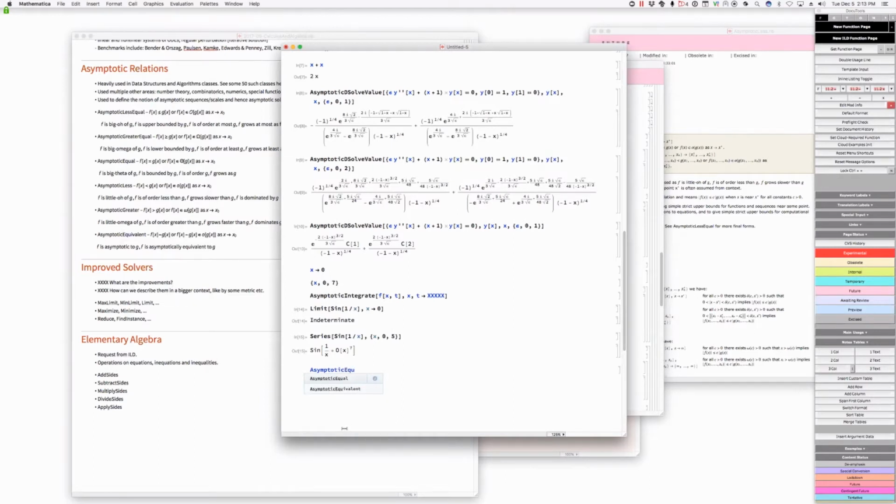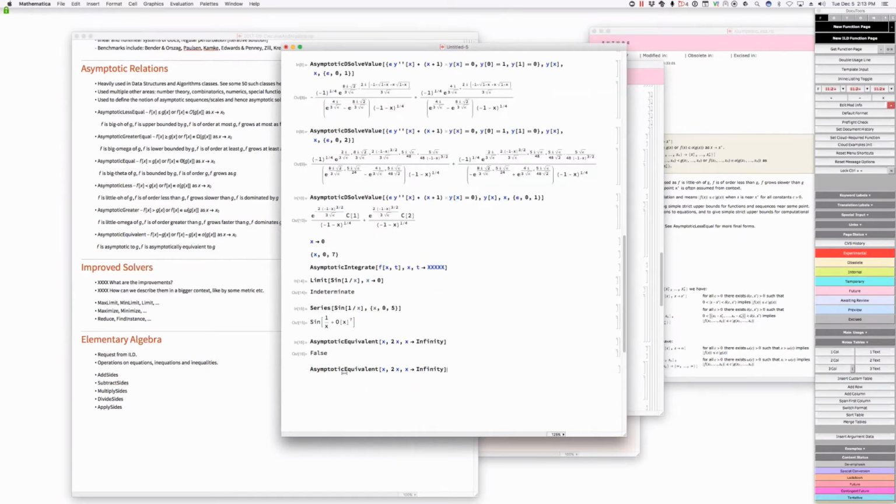I mean, x and 2x are asymptotically equivalent, but they're not asymptotically equal. No, the other way around. What other way around? They're asymptotically equal. Yes, but not asymptotically equivalent. Yes, I said that backwards. Exactly. But that is what I meant.